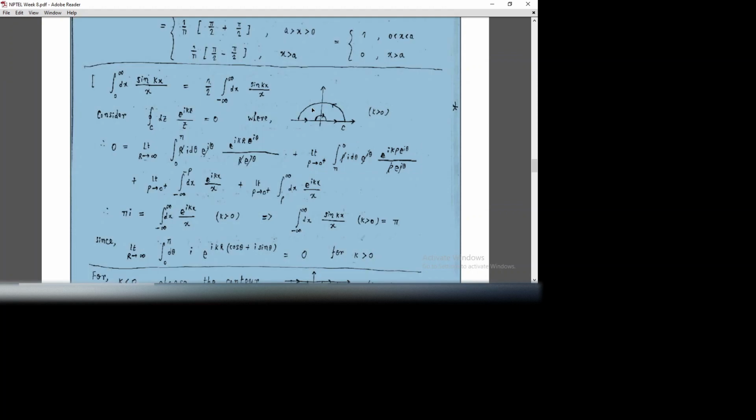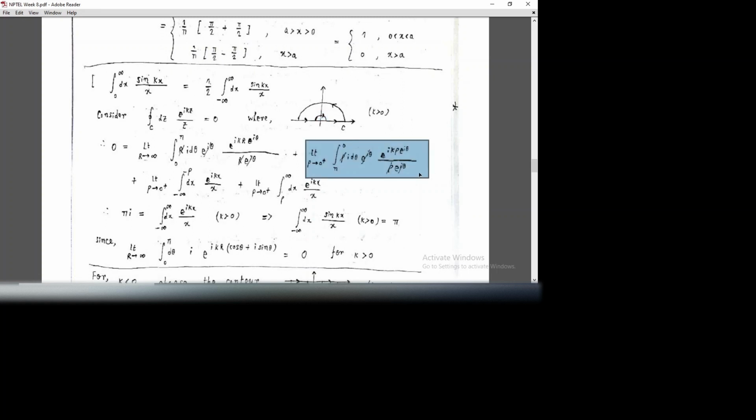Use dz, substitute here, and you will get this. So this is the large semicircle part, and now this is the small semicircle part. The contribution of this semicircle is captured in this one.